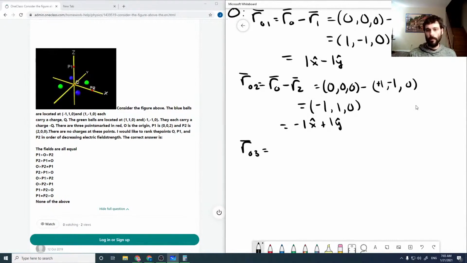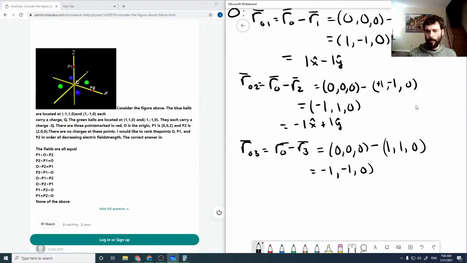RO3 is RO minus R3, 0, 0, 0 minus 1, 1, 0, which is minus 1 x hat minus 1 y hat.